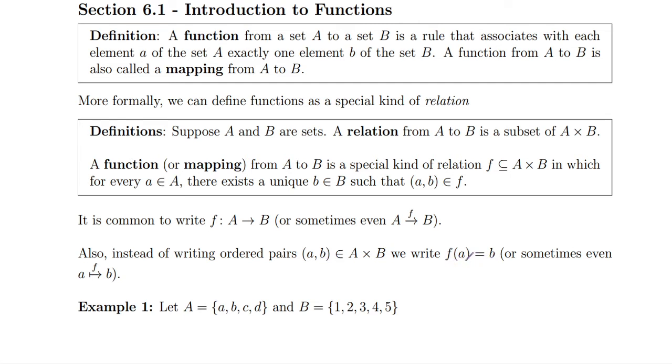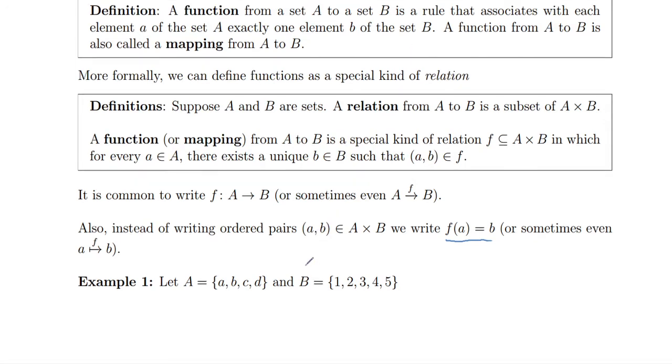So you'd say f of a is equal to b, and that's how you would read it. You might see in the literature occasionally it written like this, where it's saying a is going to get mapped to b via this function f. But I would say that this right here is probably the most common one, and you're probably familiar with this version of it in some of your other classes.